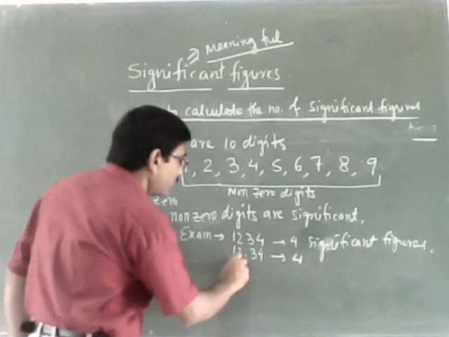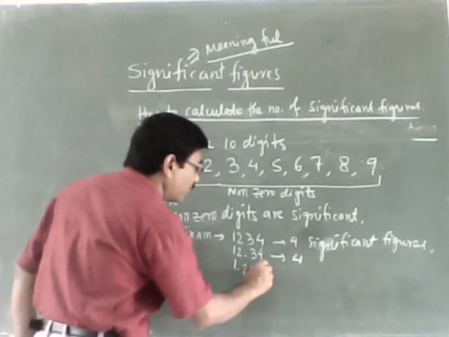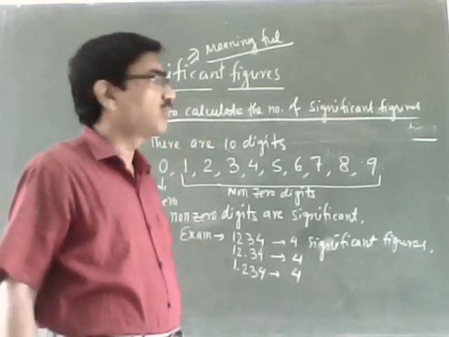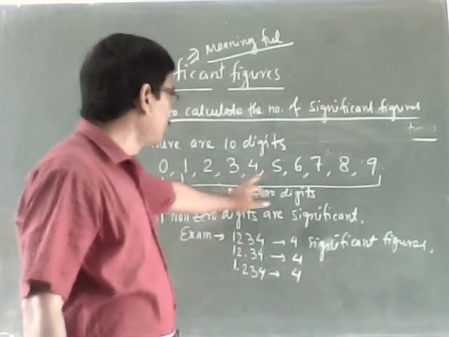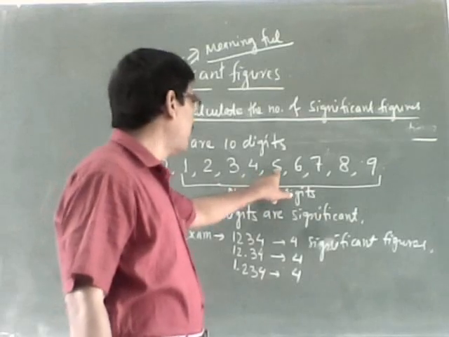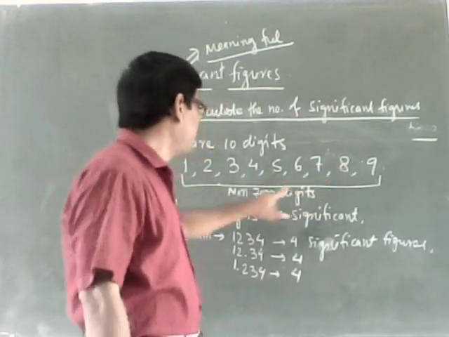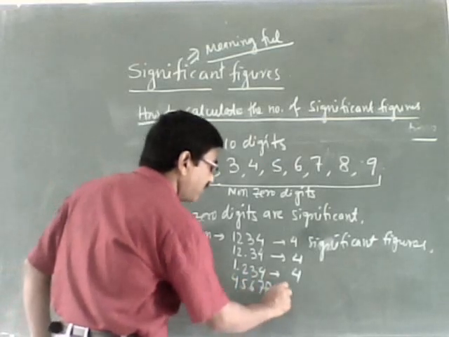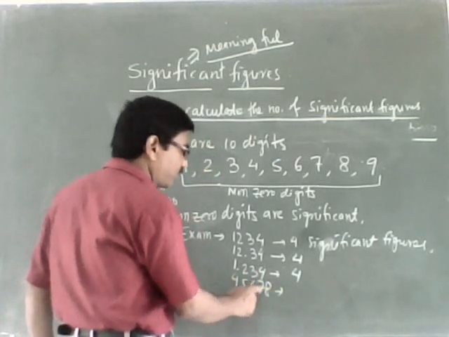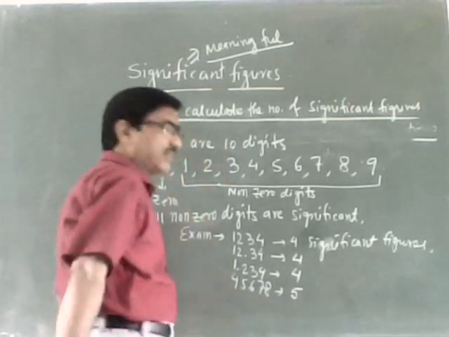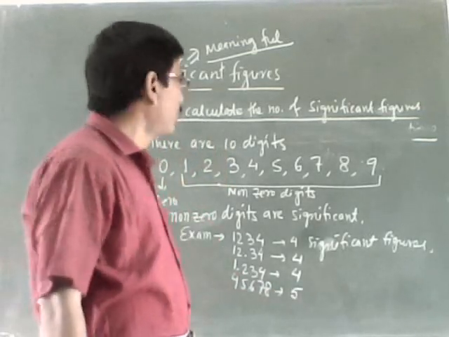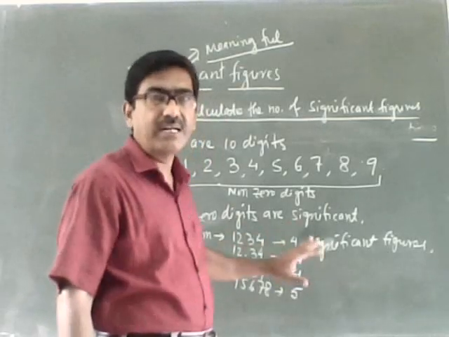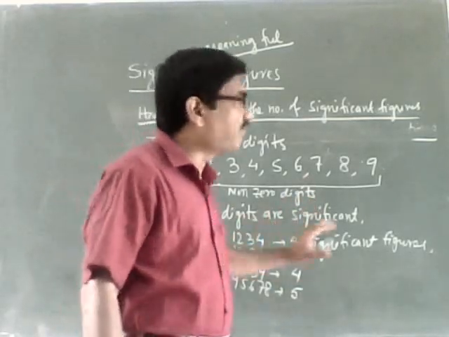If it is written 1.234, then also the number of significant figures is 4. If it is 4, 5, 6, 7, 8, then the number of significant figures is 5. So all non-zero digits are significant. This is the first group.